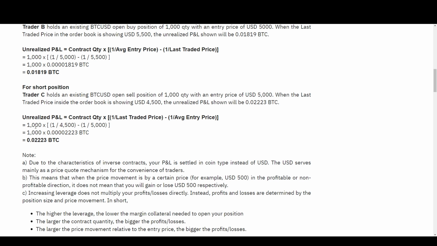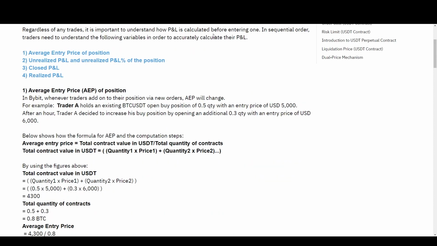Yeah, here unrealized P&L is your quantity, at 1 divided by this, at 1 divided by this. Then I have to multiply this by the last traded price, and that will give me my USDT value.